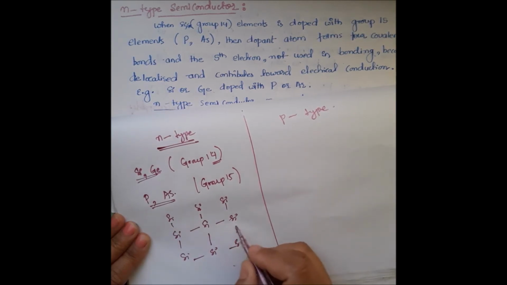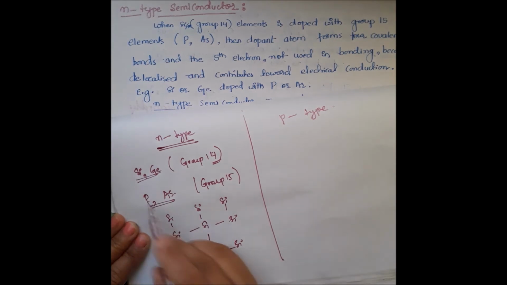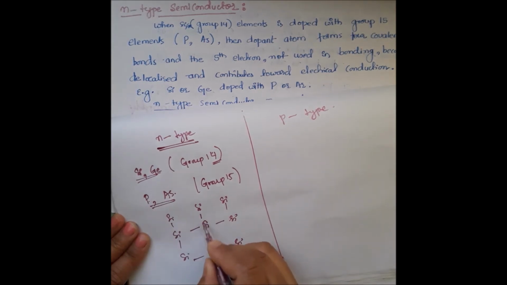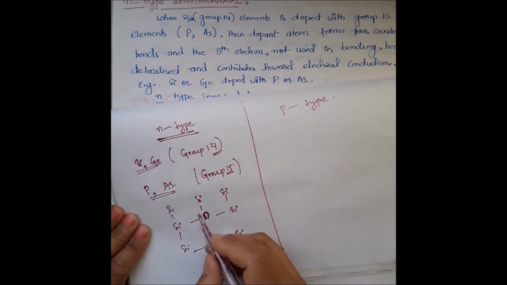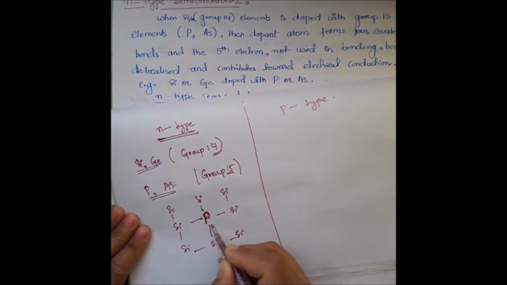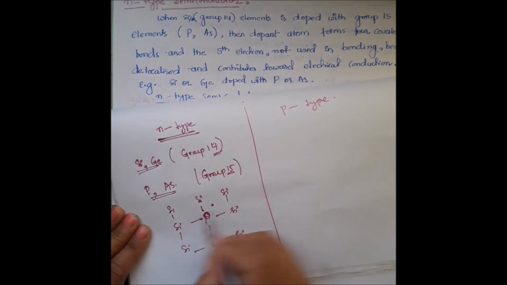Now when you dope this with phosphorus, the dopant will occupy some of the positions of silicon. Phosphorus belongs to group 15, so it has 5 electrons. Four electrons are used to form covalent bonds, so it is left with one electron, which remains free to move.